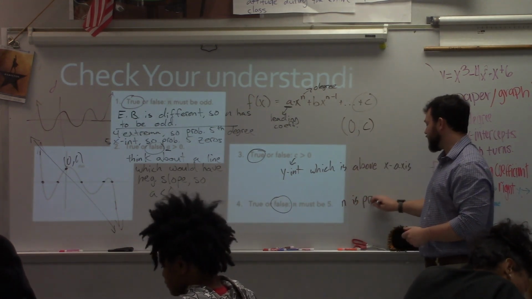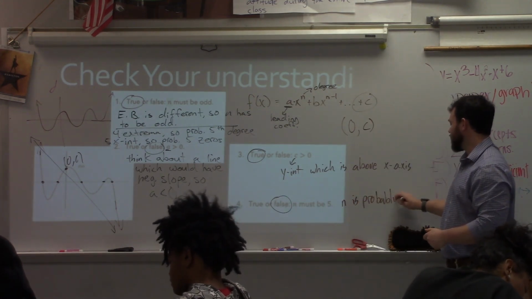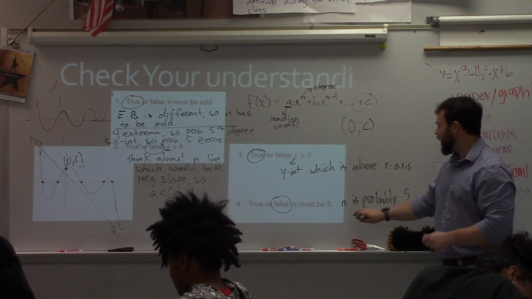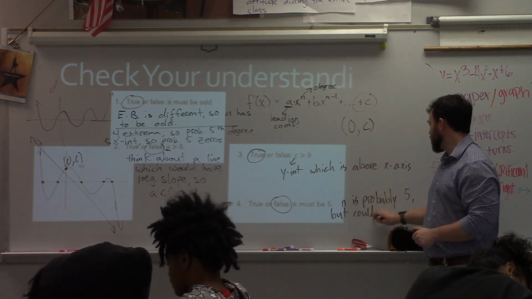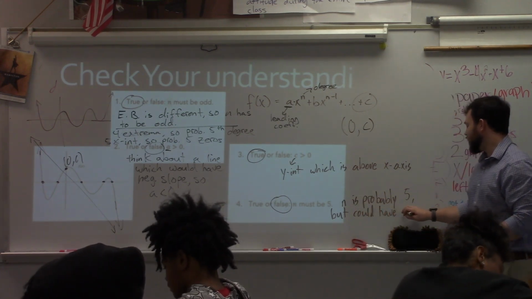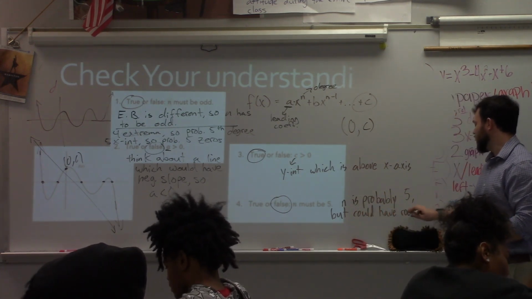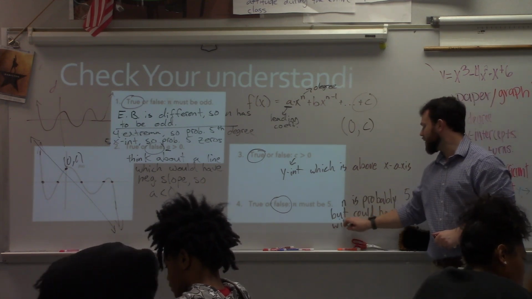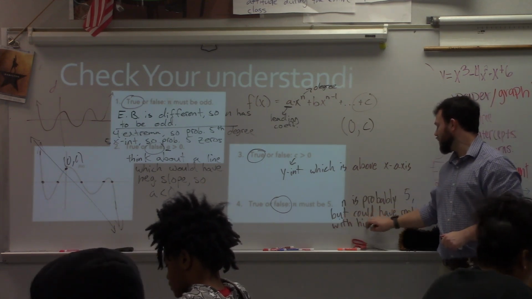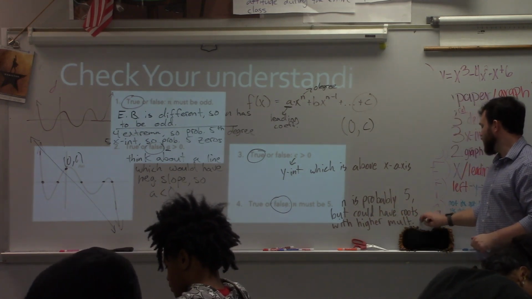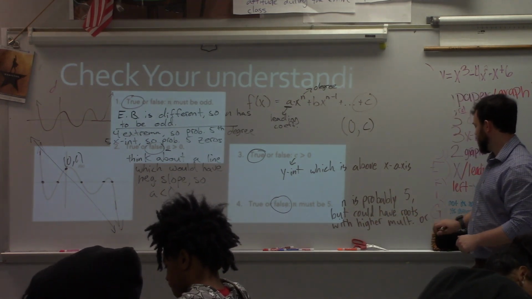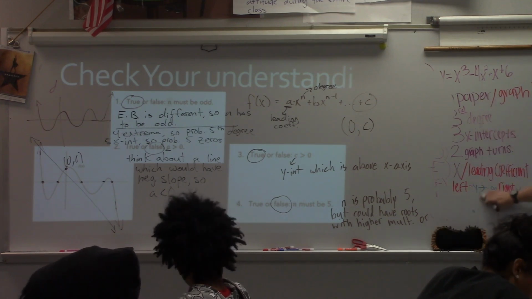N is probably 5, but it could have roots with higher multiplicities or imaginary zeros.